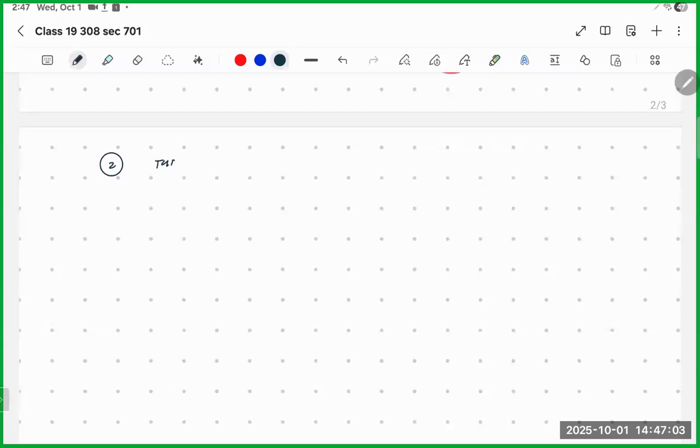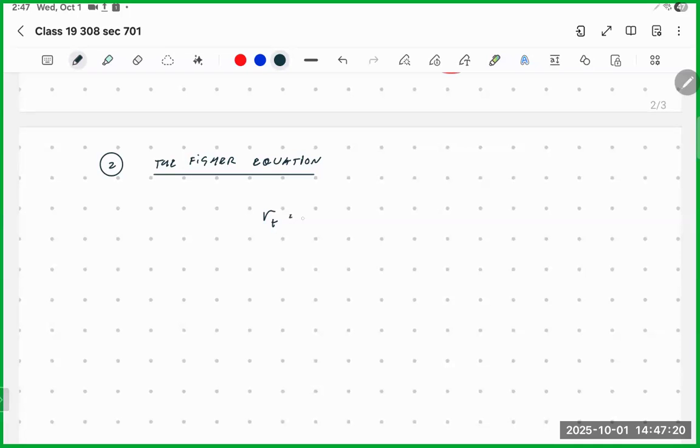Equation number 2 is the Fisher equation. The Fisher equation looks like this.